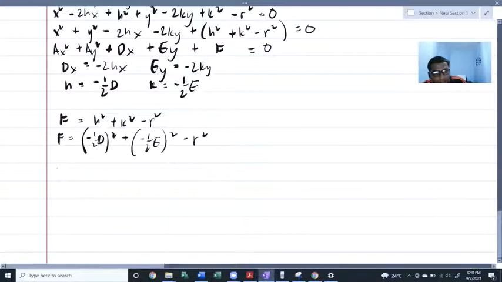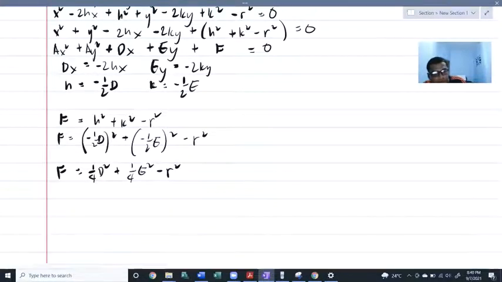And let's simplify and factor out our 1/2 squared, or 1/4. So we have f is equal to 1/4 d squared plus 1/4 e squared minus r squared.